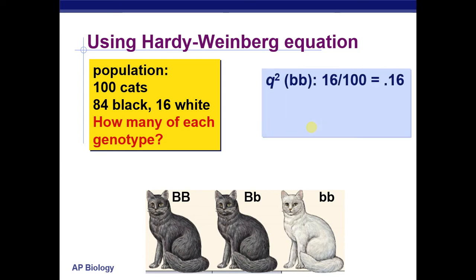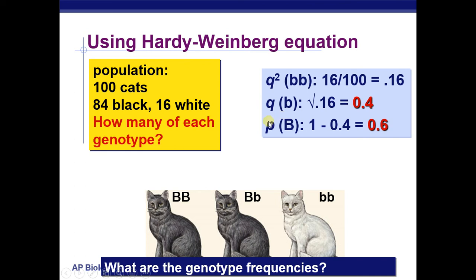So the frequency of the homozygous recessive genotype, well, 16 white divided by 100 total is 0.16. And that means the frequency of the recessive allele is just the square root of q squared. Square root of 0.16 is 0.4.